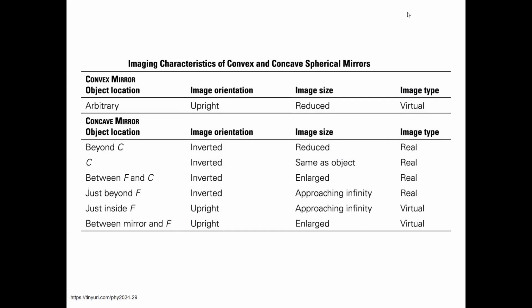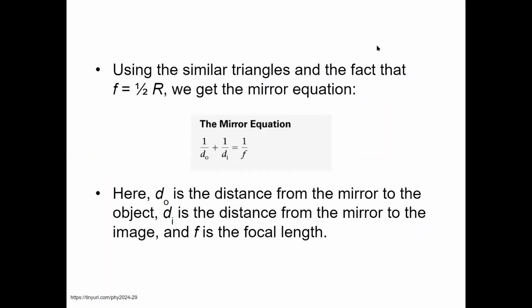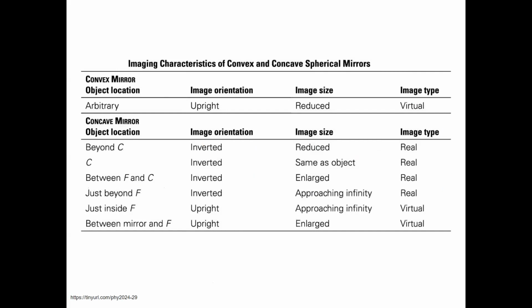Okay. So now let me add something right over here. I don't have slides for this, but for a convex mirror, because it actually diverges the parallel rays, or the rays, if they are not parallel, if they come in at a certain angle, the reflected rays will also diverge. So the difference in the reflected ray angles is larger.